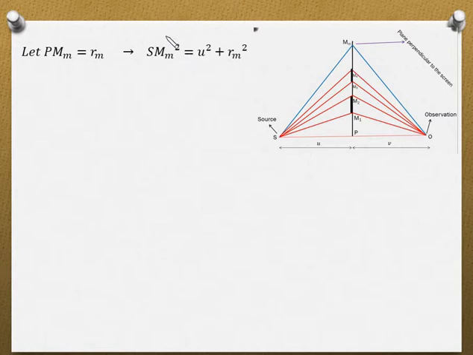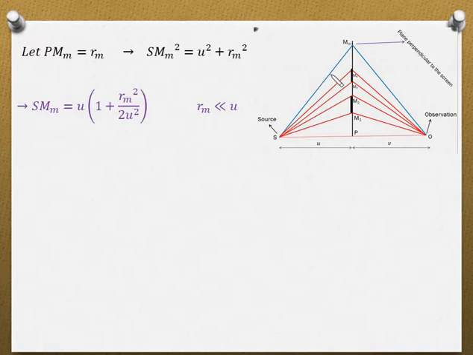Now just solve it. We can take SMM equals the square root of this term. Then we can take out U square, so outside it will be U, and if you do the binomial expansion with this approximation, that RM is much less than the source distance, then this will reduce to this form.